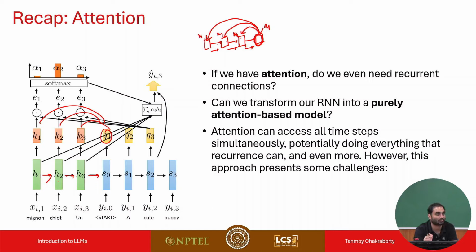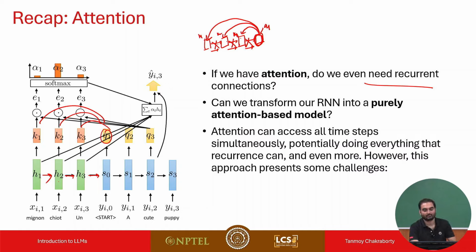Well, these connections are the bottlenecks. Why are they bottlenecks? Because of these recurrent connections, you are not able to access all these tokens in parallel. If these had not been there, you could have accessed all the tokens in parallel, isn't it? So the question that we are asking is, do we really need the recurrent connections if we have attention?